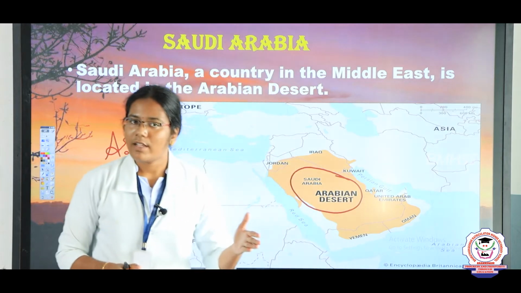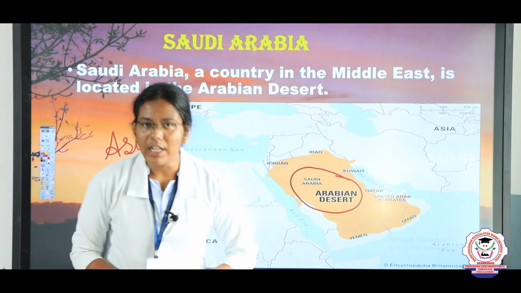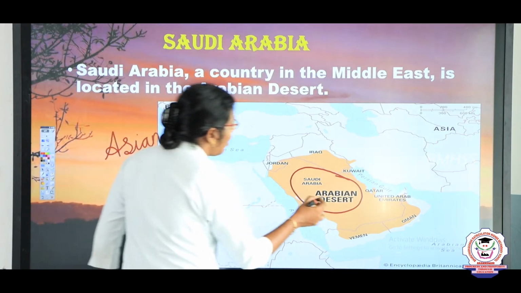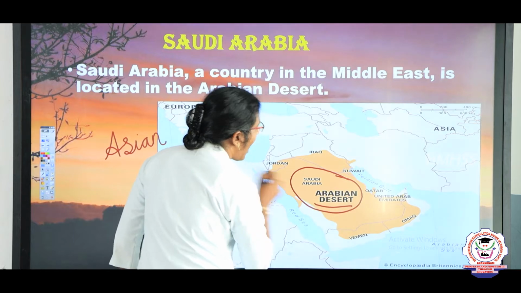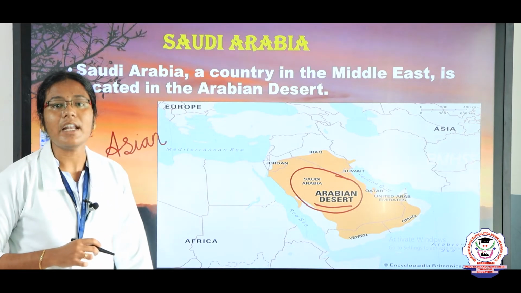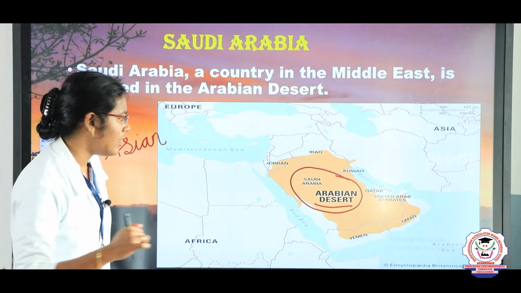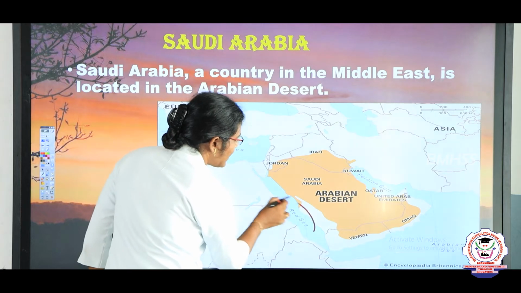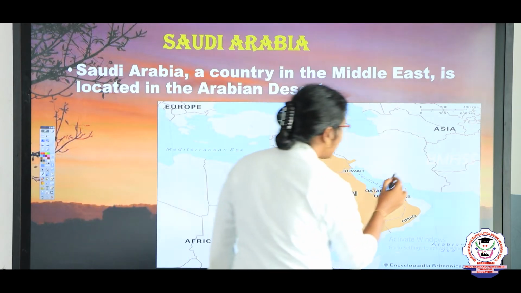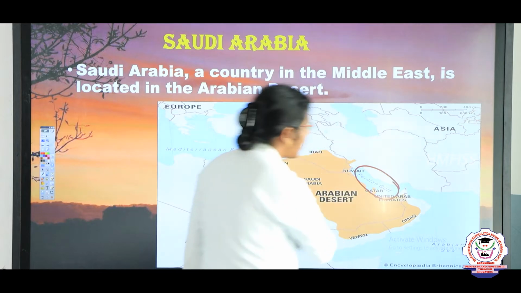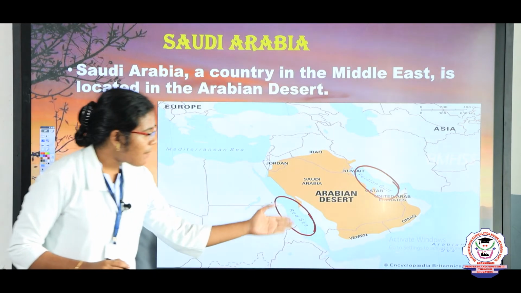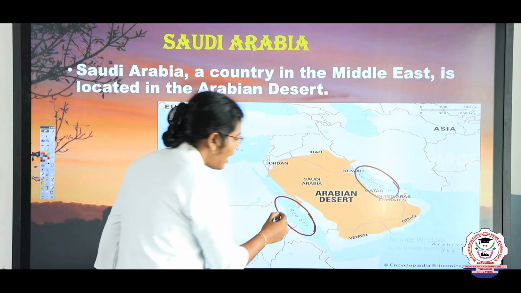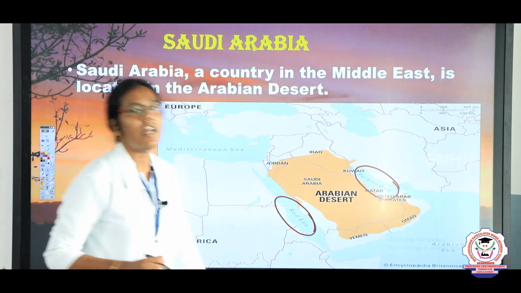Saudi Arabia is a country located in the Middle East of the Arabian desert, and it is located in between the Red Sea and the Persian Gulf. Look at this map: Saudi Arabia is present in between the Red Sea and the Persian Gulf.